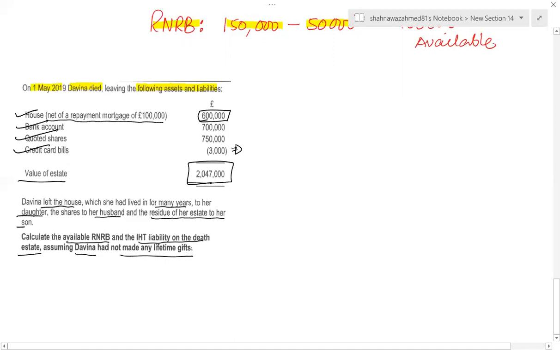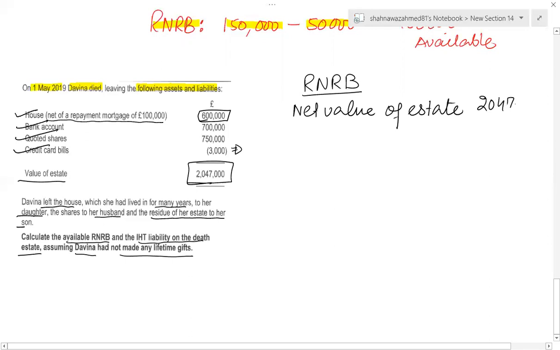So first of all, the RNRB, the tapered rule. So the net value of estate is 2047,000. Take the excess amount. So the excess is 2047 minus 2000.